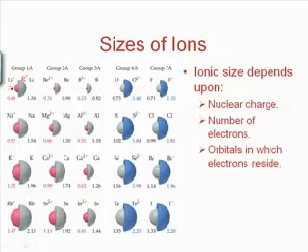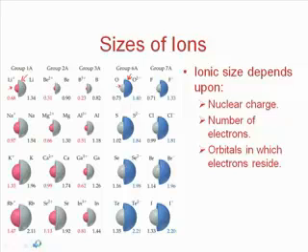Whereas if we look over here, and this seems to be the trend as we go across, but now look here. Here we have our oxygen atom, and oxygen forms a common ion by adding 2 electrons, and you see that it gets larger.